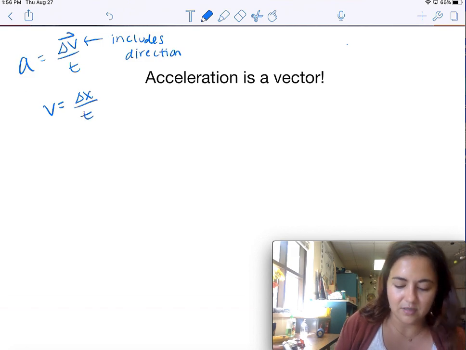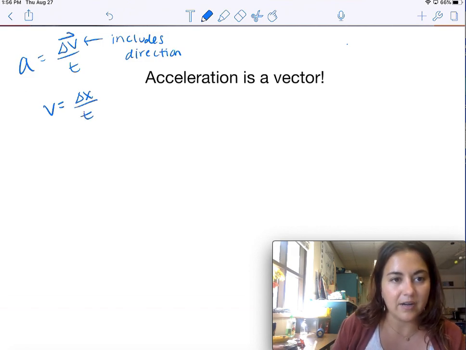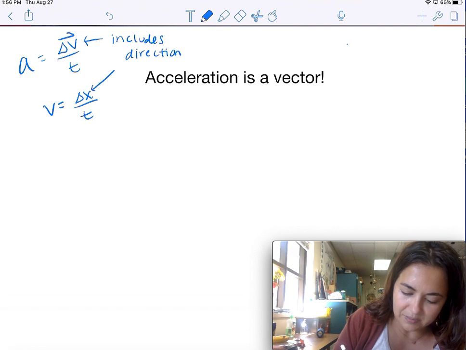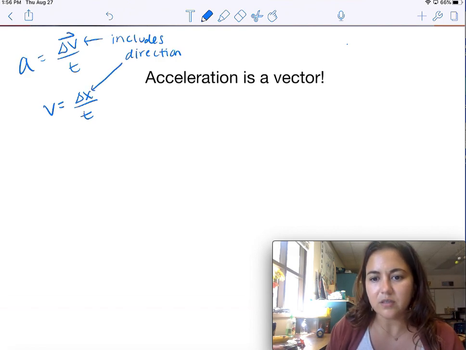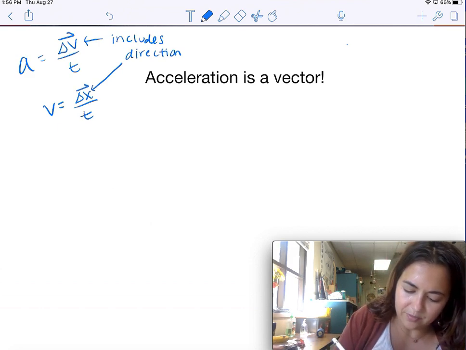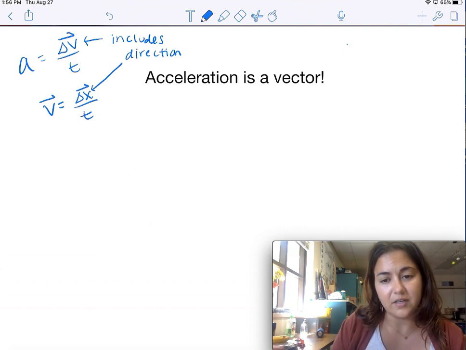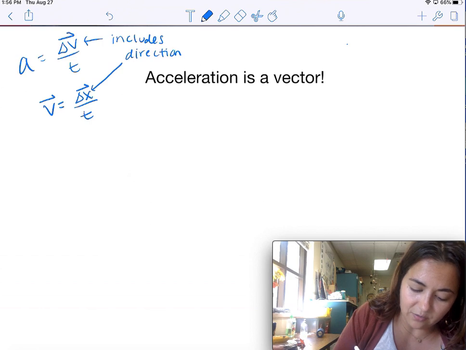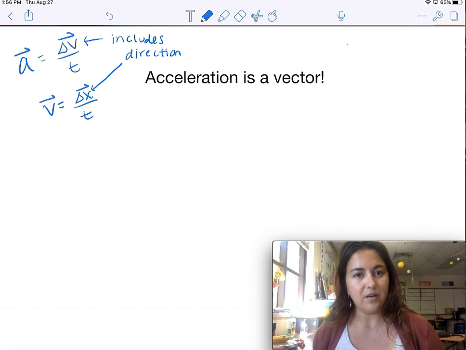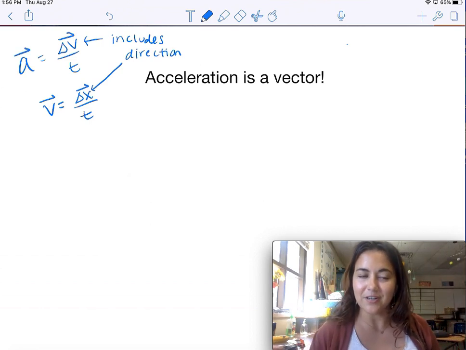Velocity equals delta x over time. Delta x was displacement, and it also included direction. So since this value included a direction, that made velocity a vector as well. But since acceleration has velocity as part of its equation, acceleration is also a vector and also has a direction.